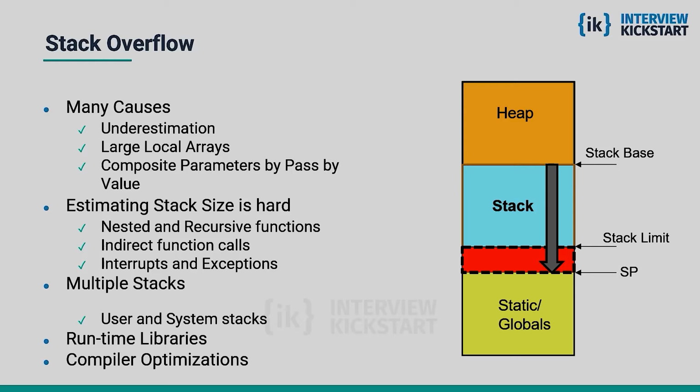If you look at the figure, we know that there are three types of memory, and they are all part of the same physical memory, which is RAM. So there is heap, there is static and global, and then there is the stack. Typically, the stack is sandwiched between the heap memory and the globals. The idea is that the stack is growing downwards. Now, the number of variables for static and global is known a priori at the time of compilation and linking.